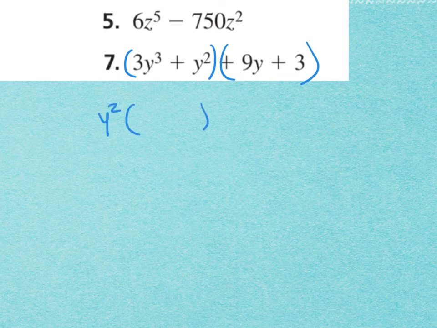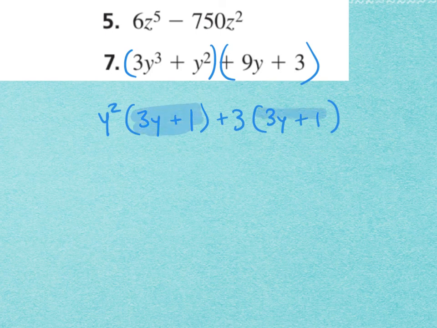So what are we left with? 3y plus 1. Perfect. What do we have in common in our second pair that we can take out? A positive 3. So what are we left with? 3y plus 1. We need to just make sure that we have the same thing in our parentheses. So we're good. We can factor by grouping.